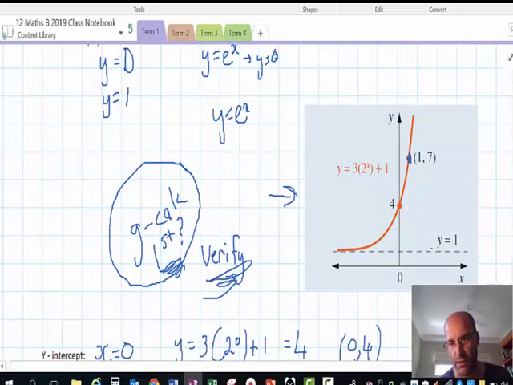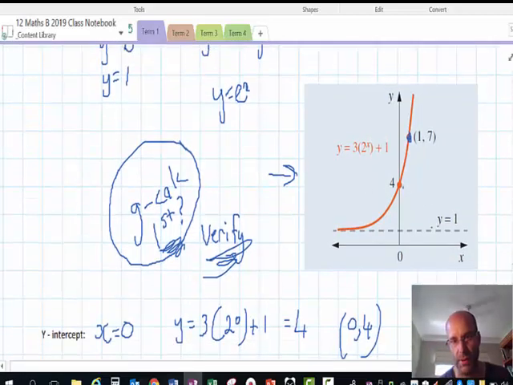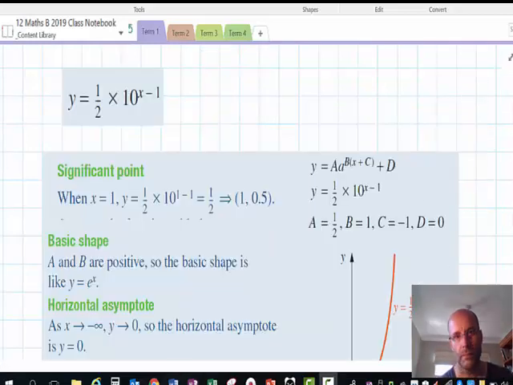The other point we know about is (0, 4), the y-intercept. We can put in our y equals 1 asymptote, a nice faint dotted line, and label it. Basically we've got 2 points, a shape and an asymptote, and that's enough to sketch.